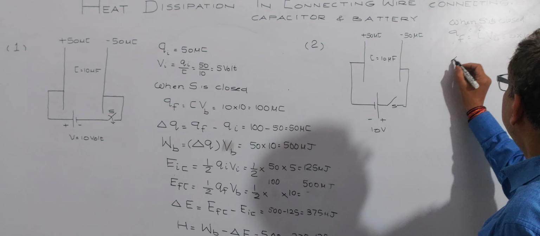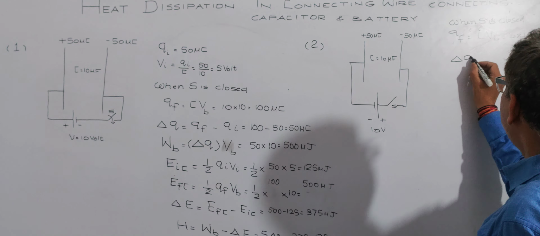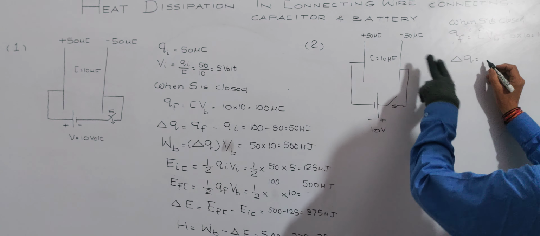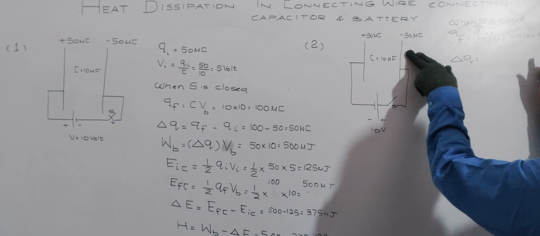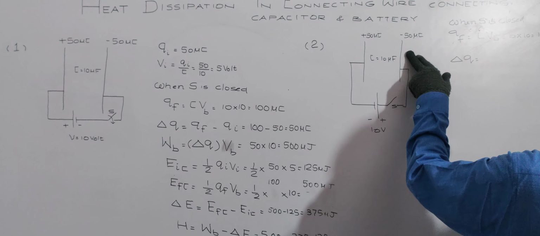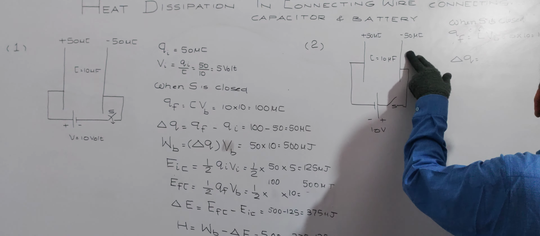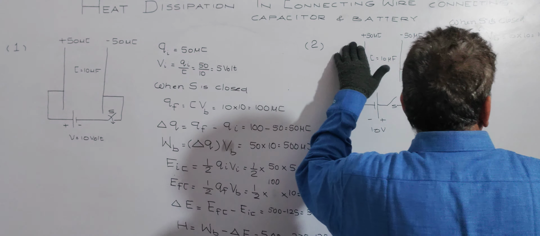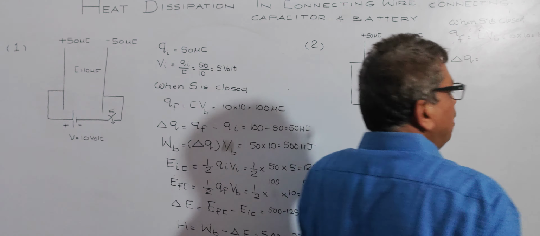Now what is the charge supplied? The capacitor now is having, this plate will be having plus 100 microcoulomb, and this will be having minus 100. Now the positive plate, which was initially having 50 microcoulomb, now has minus 100 microcoulomb.